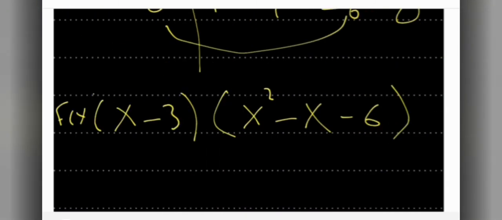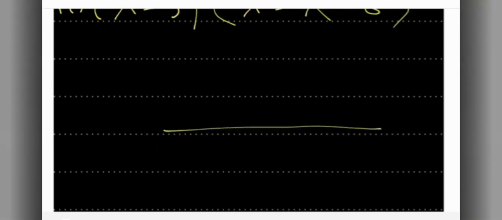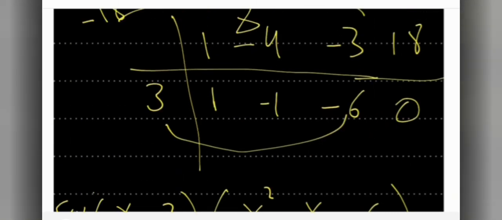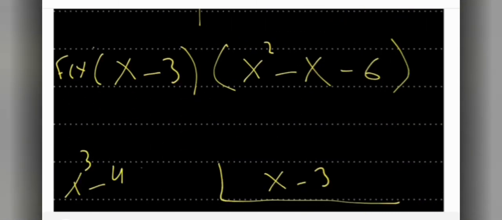Now, another way for you to do this is you can say that x minus 3 is a divisor polynomial of x cubed minus 4x squared minus 3x plus 18, okay?